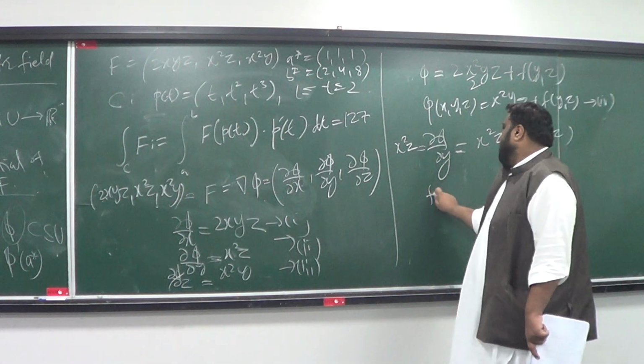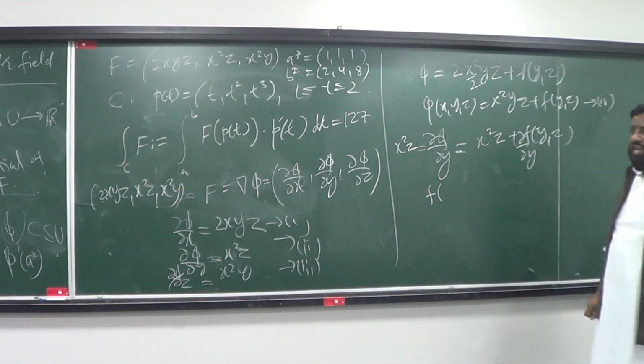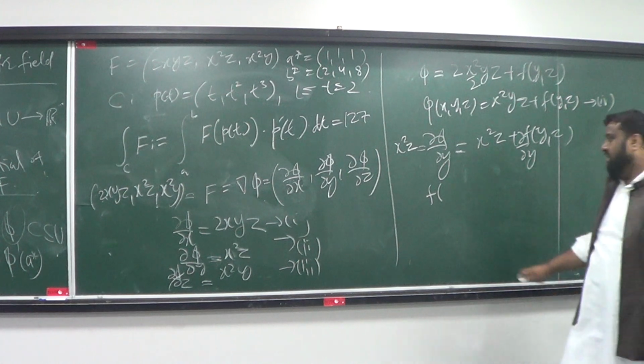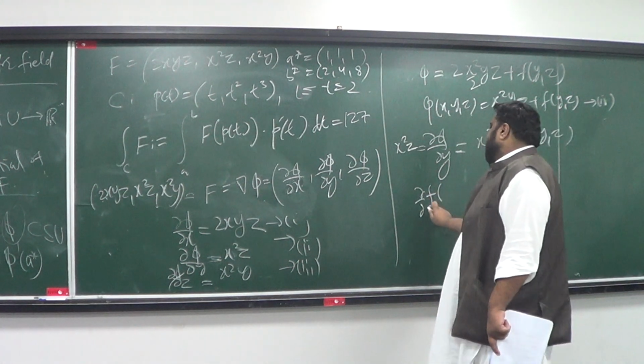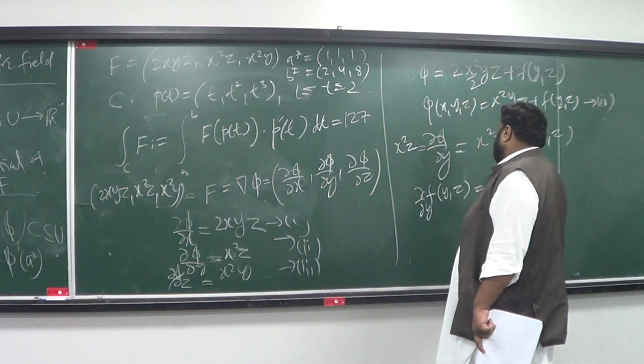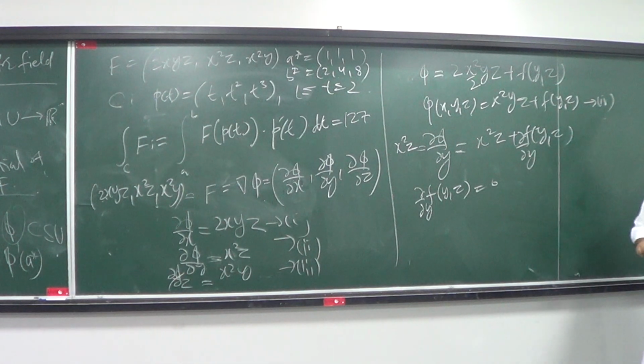So what does this mean? You also need to differentiate the unknown part with respect to y. This means that partial f by partial y is going to be 0. Now how to find the f?